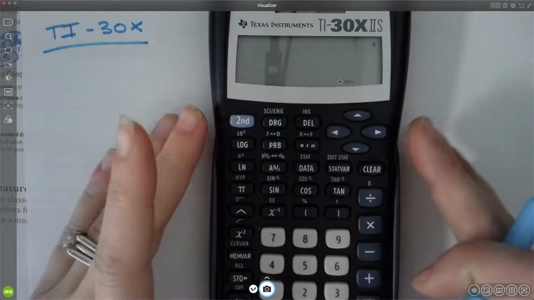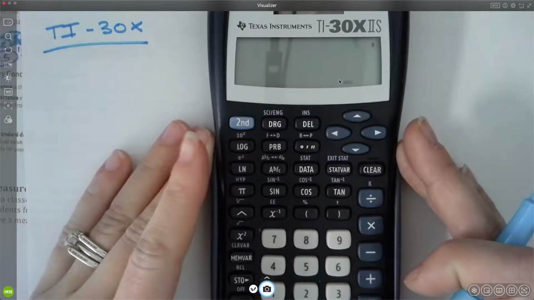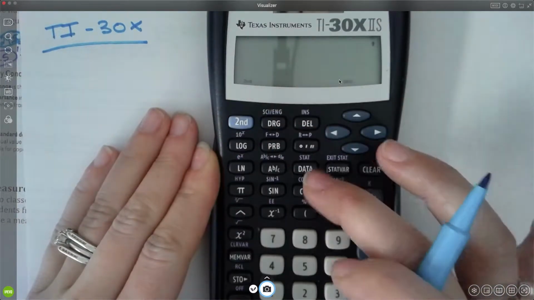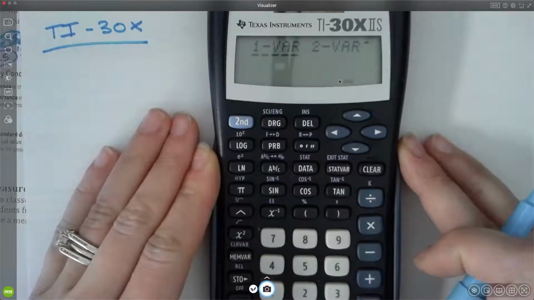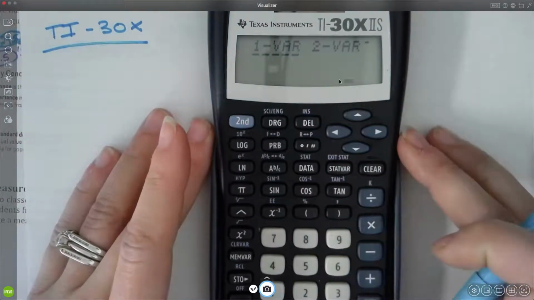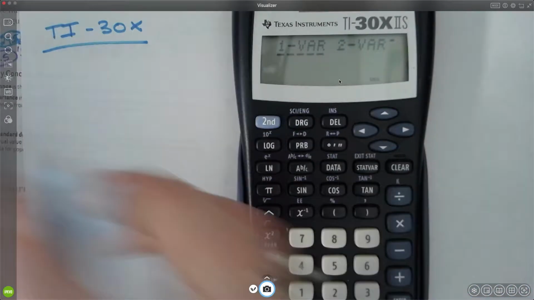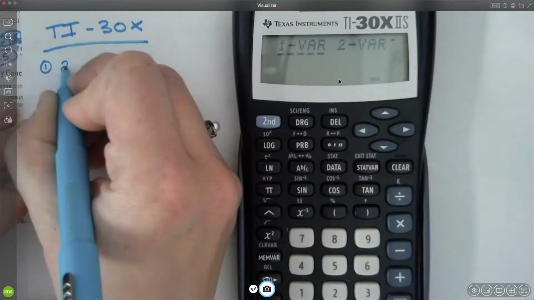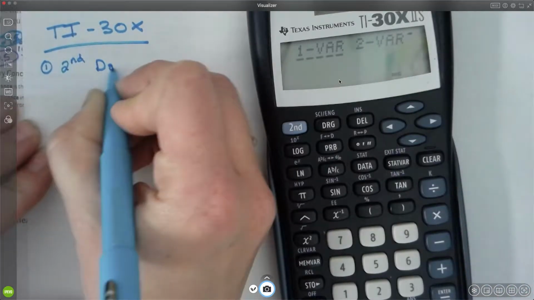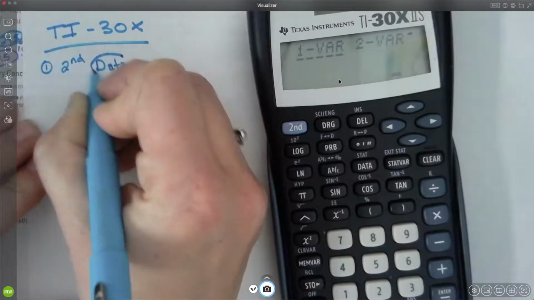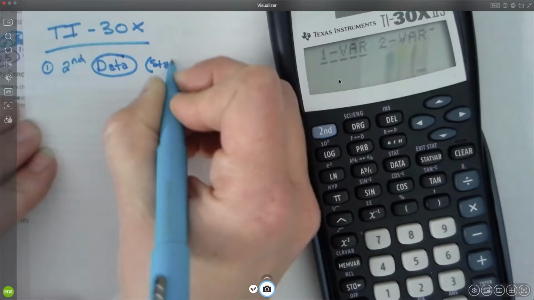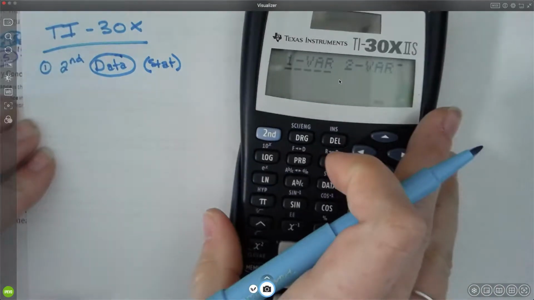So step number 1, hit second data, which actually underneath of it is the stat button. Hitting second data is kind of like stat.